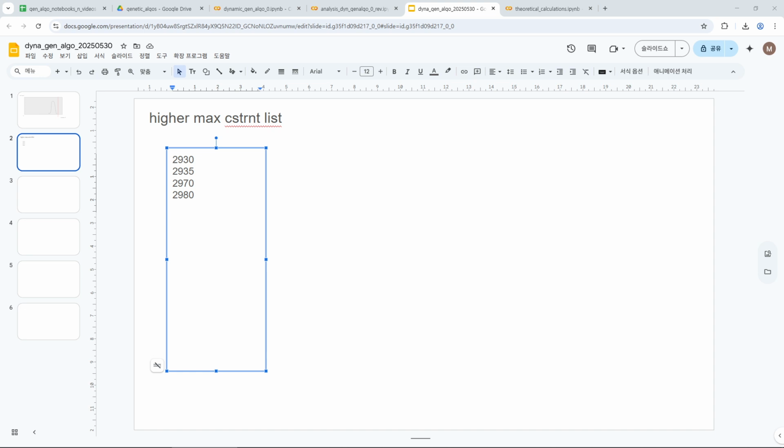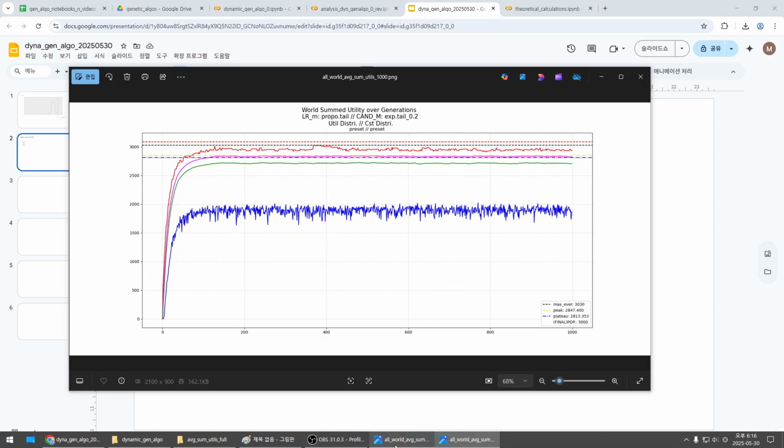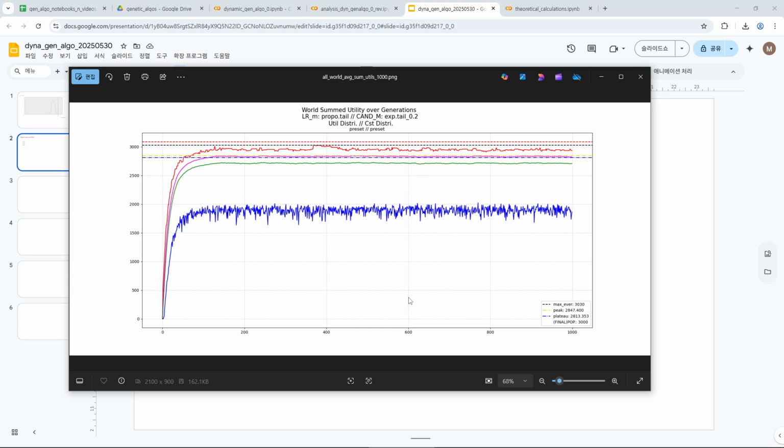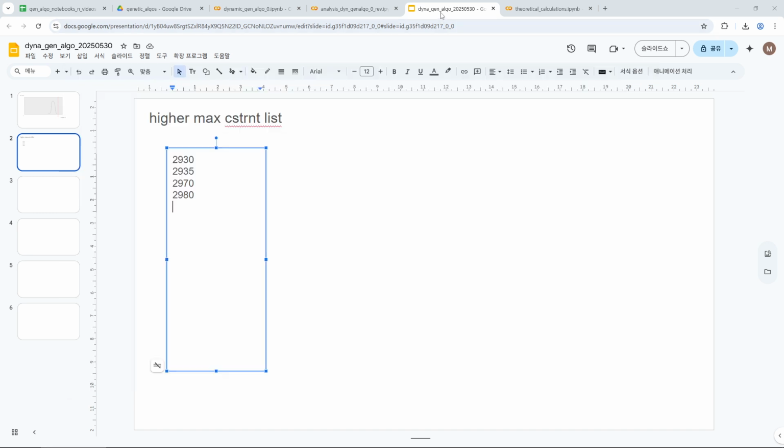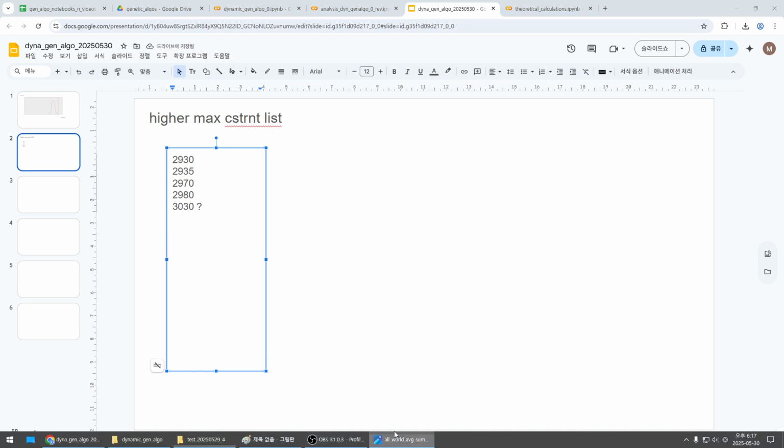And this is what you get. And in this case, the maximum ever is 3030. So let's just write that in. Is this the best one? We don't know. Spoiler, it's not. But yeah.